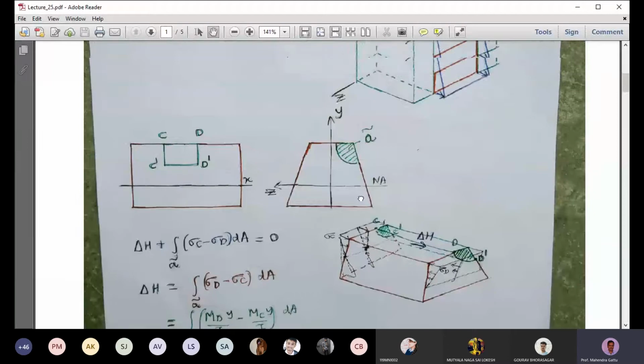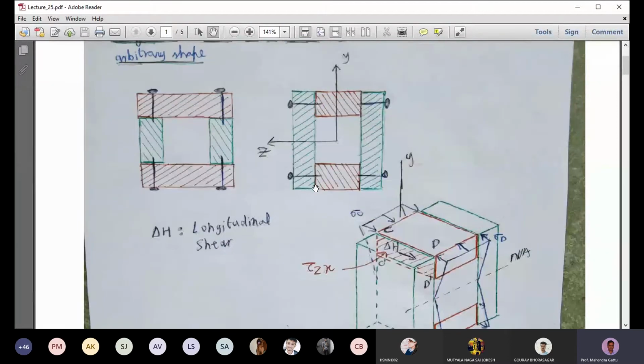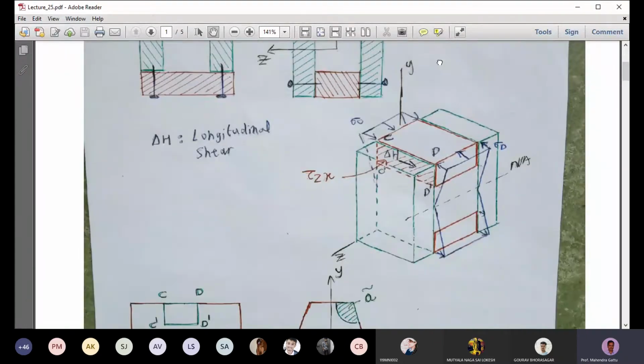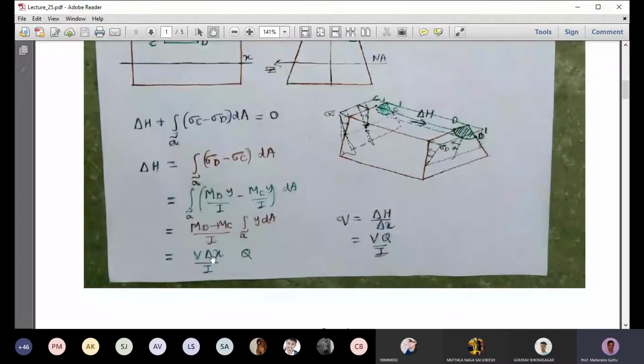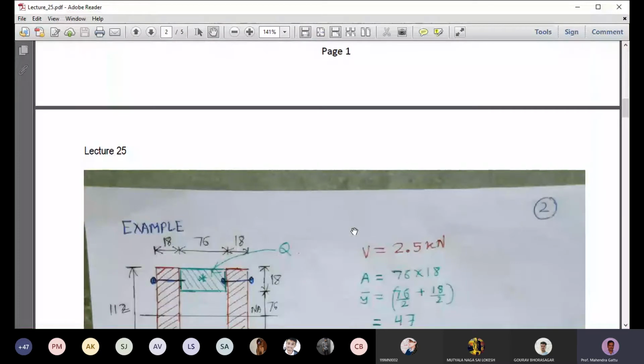So if you want to find what is the shear stress coming on this vertical face here and on this vertical face here, we just calculate the first moment of area of this face, and then we calculate the total moment of inertia of the entire section with respect to the neutral axis, and then we just substitute in these formulas and get the shear V delta x by I into Q. Okay. So let's do that example.